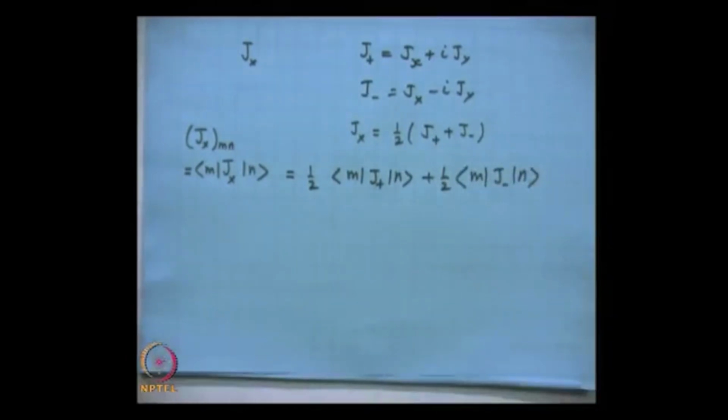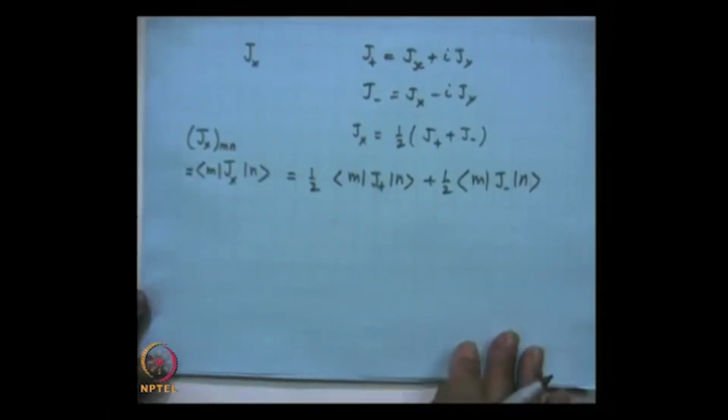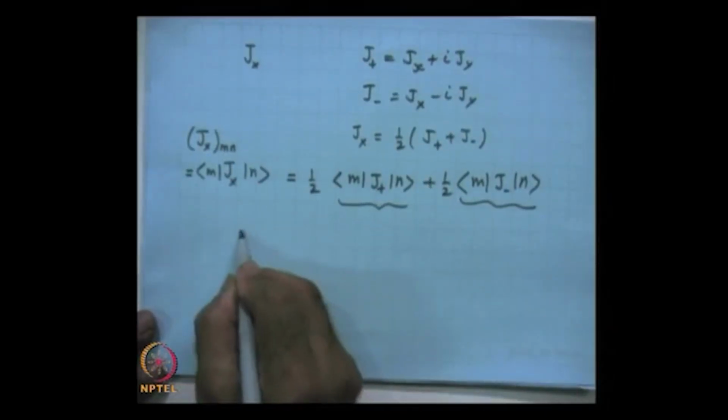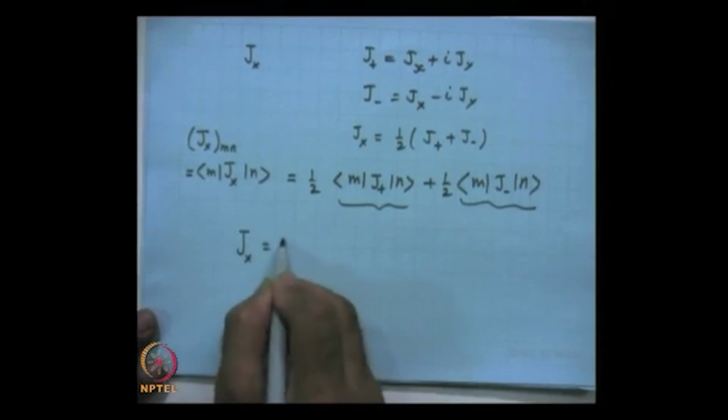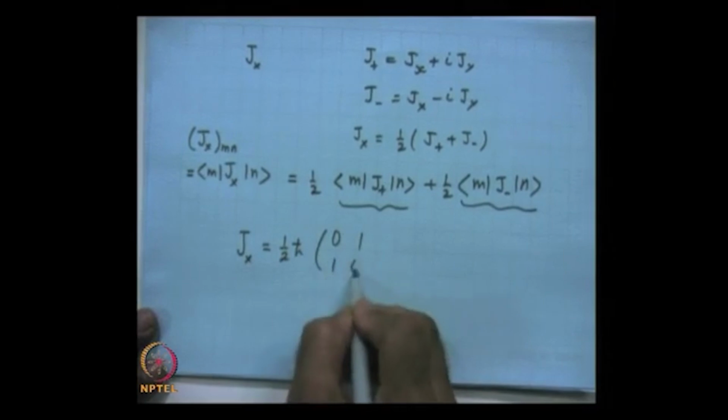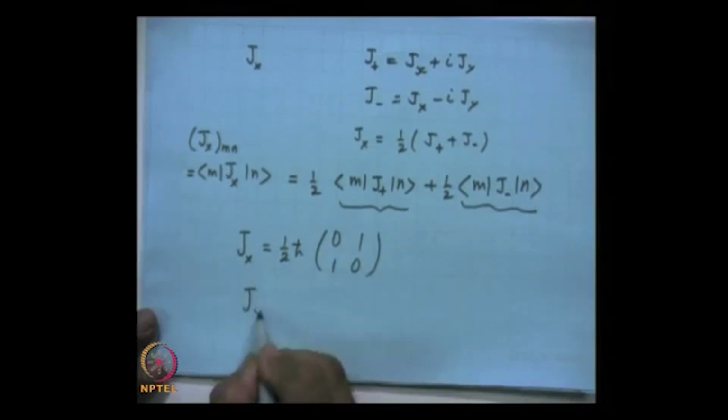I leave this as an exercise for you and we will try to do this next time, but if you can work this out, this will be very good, and you should find that the matrix representation of Jx will come out to be half h cross times 0 1 1 0, and similarly for Jy.